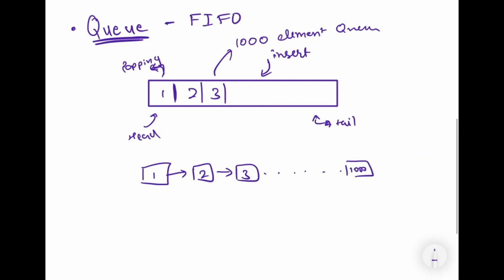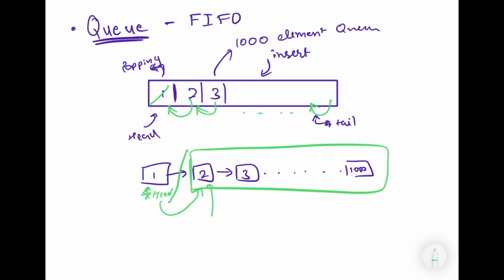To be more graphical, when I pop this out, every element in the array has to shift one element towards its left, and that is expensive. But in the linked list, we simply break this connection, and this is our head pointer. We update the head pointer from here to here, and that's it, O of 1.